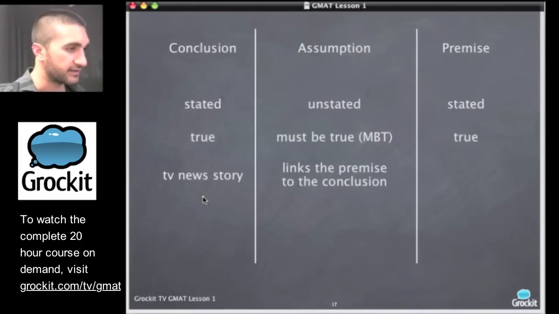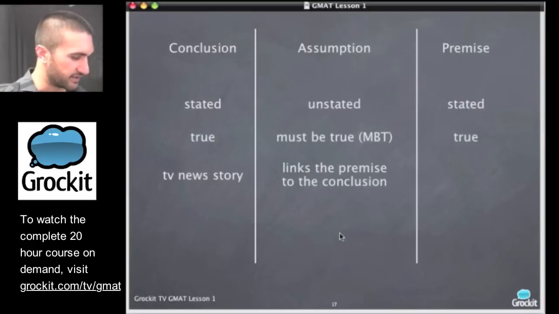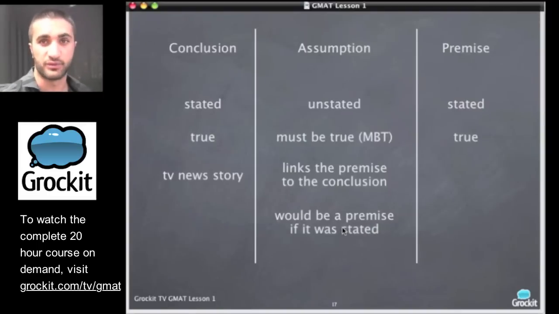So what we'll find is that a piece of language from the conclusion and a piece of language from the premise exist together in the answer choice that ends up being the answer on an assumption question. We'll see this as well. So again, an assumption would essentially be a premise if it was stated. It must be true for the argument to make sense. It's just unstated information.